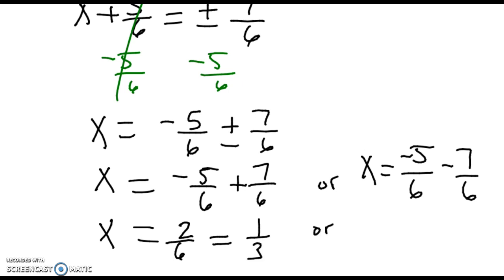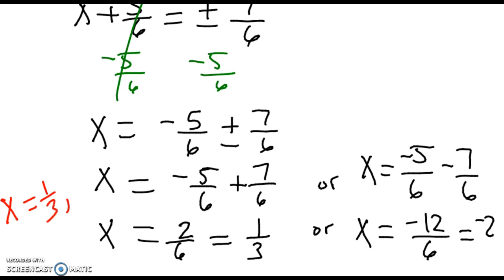Or negative 5/6 minus 7/6 is negative 12/6, which simplifies to negative 2. So our final answer, I'm going to write it up top so I don't have to clear the screen, is x equals 1/3 or negative 2.